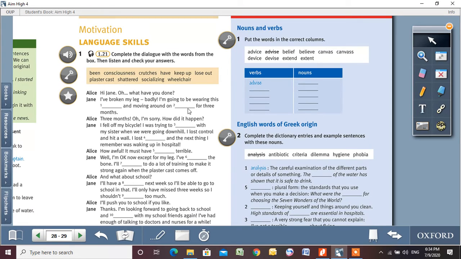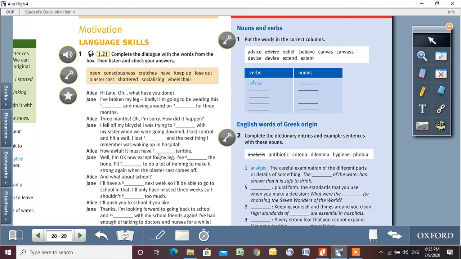Number 2 is crutches. Number 3, I was trying to keep up with my sister when we were going downhill. Number 4, I lost consciousness. And the next thing I remember was waking up in hospital.